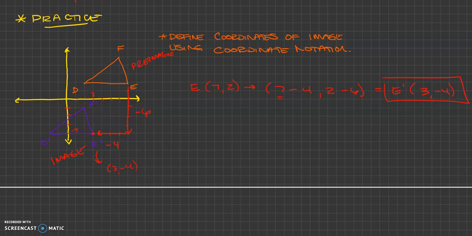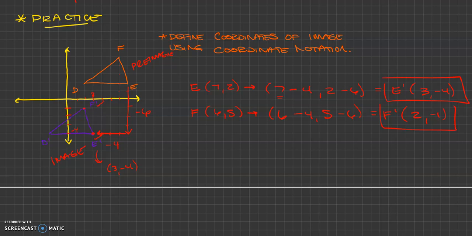Let's go ahead and do F. F is going to be, it looks like 6 and 1, 2, 3, 4, 5. And so here, 6 minus 4 and 5 minus 6 equals F prime. That's going to be at 2 and negative 1. Let's double check our graph. There's 2 and negative 1, so F prime checks.